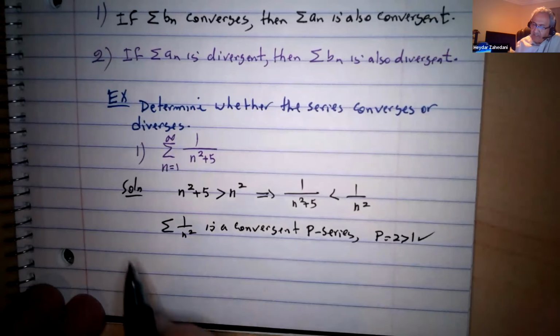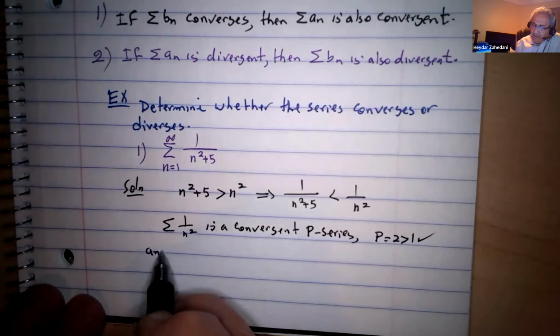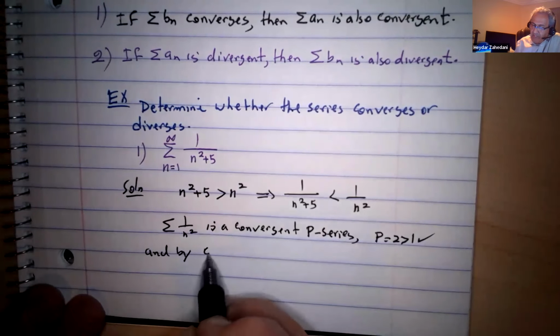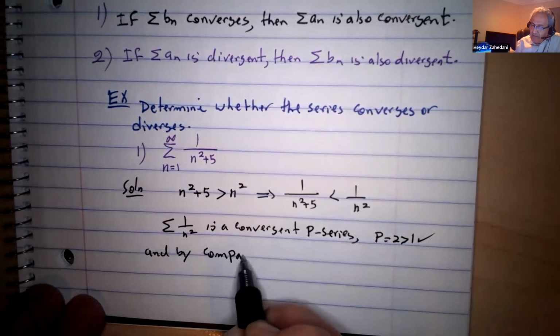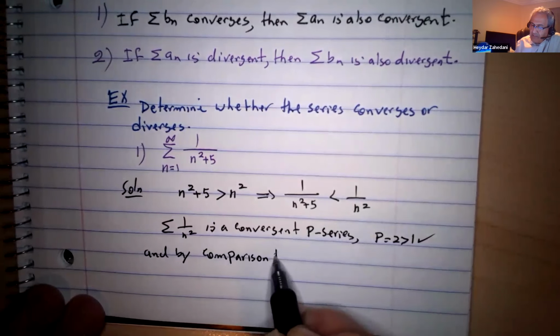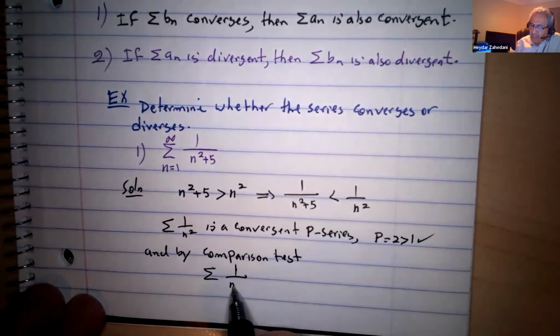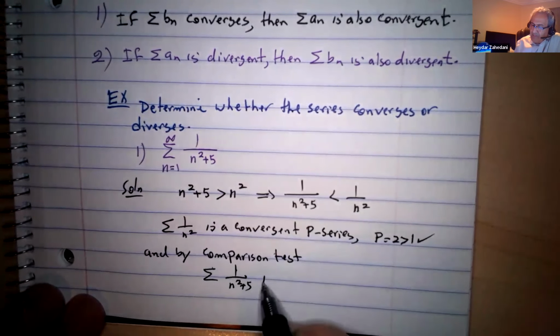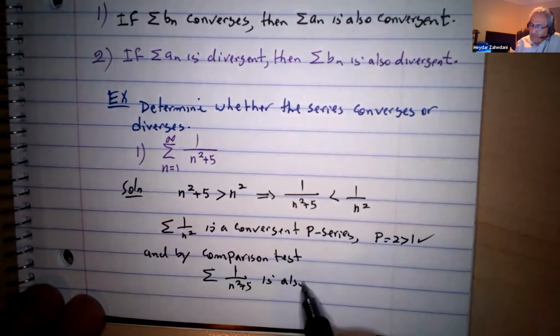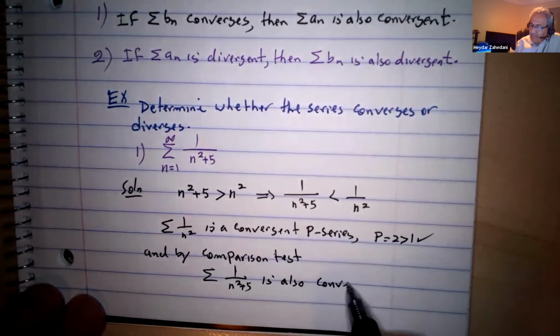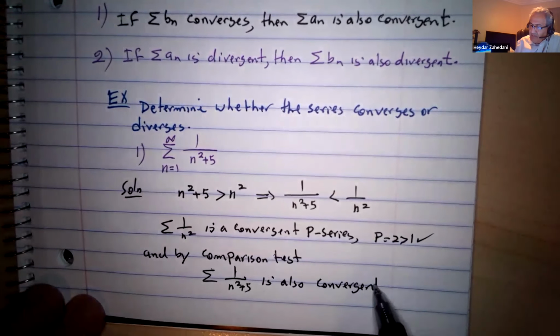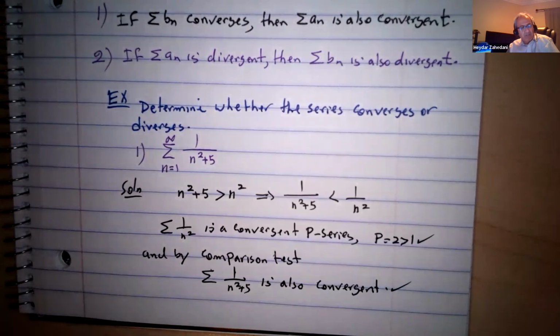And by comparison test, the smaller one, sigma of 1 over n squared plus 5 is also convergent. So this is the way you are going to compare them together to get your result right away.